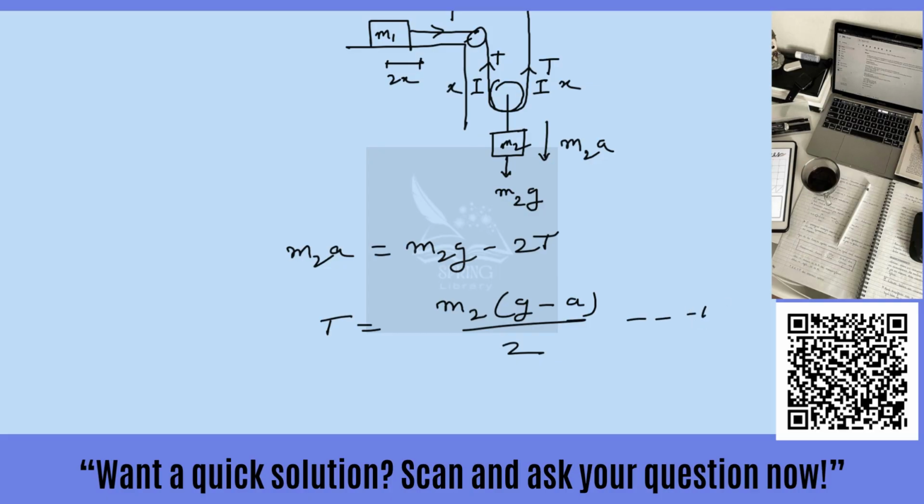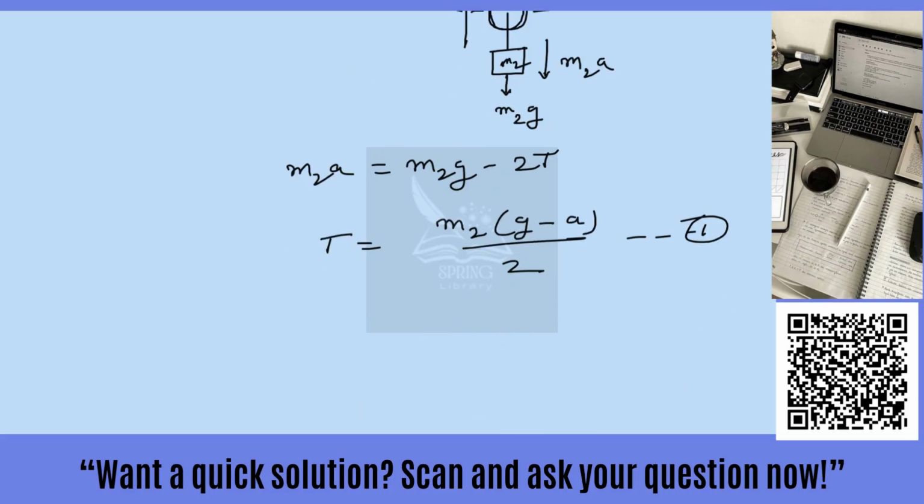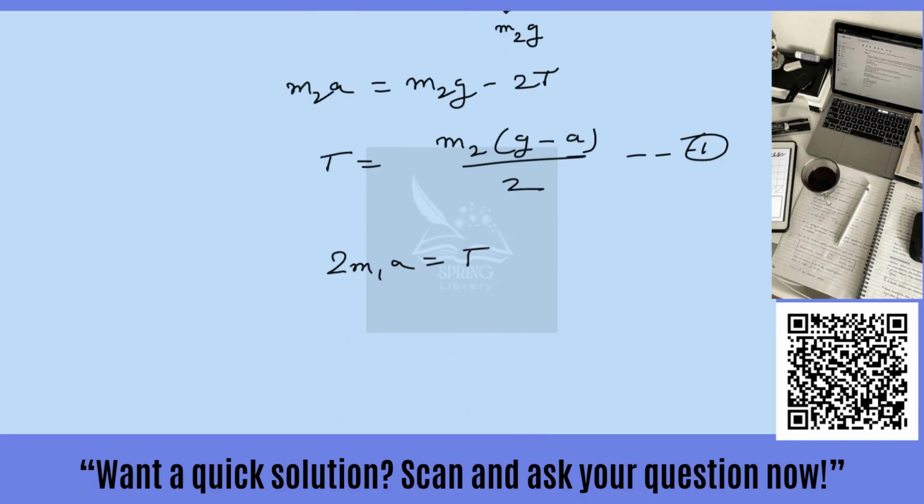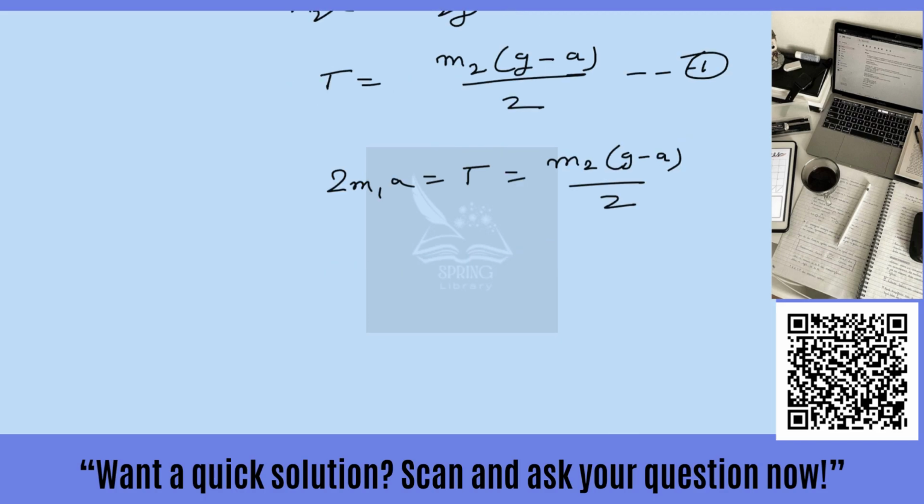Now this is equation 1. Now on the other side for block m1, you will be having 2m1a, that will be equal to T, right? So this is the net force, 2m1a. And here T can be replaced with m2 times g minus a by 2.